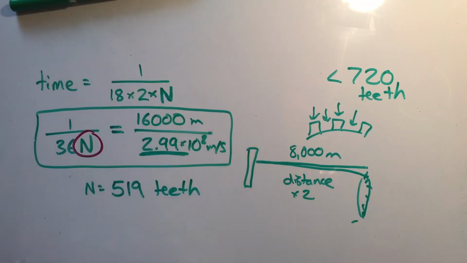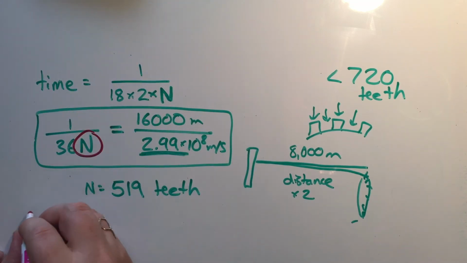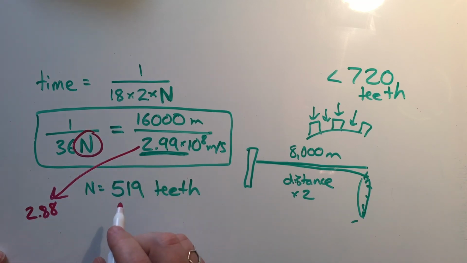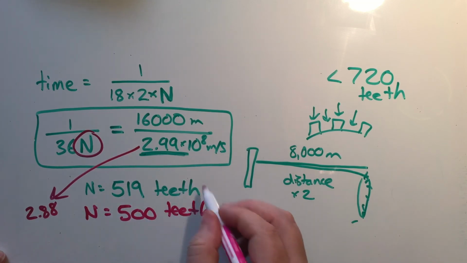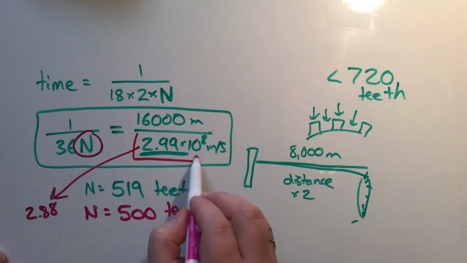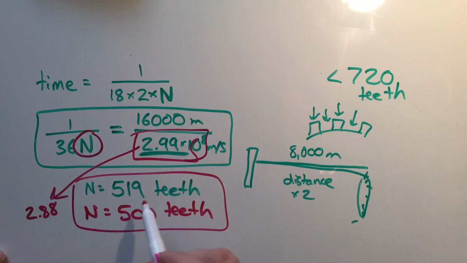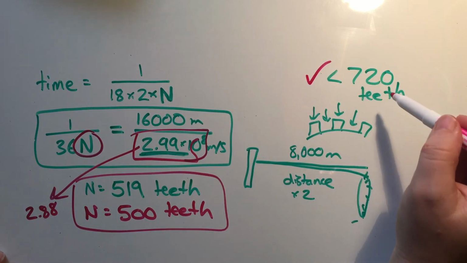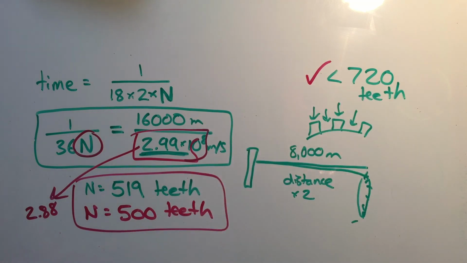If you use 2.88 as that number instead, I'm the one who's the accident here, you should have N equaling 500 teeth. I will accept both of these answers, regardless, if you show me which number you used here. But either way, these numbers are indeed less than 720 teeth, so it backs up our reasoning from earlier. So here are your answers for that problem.